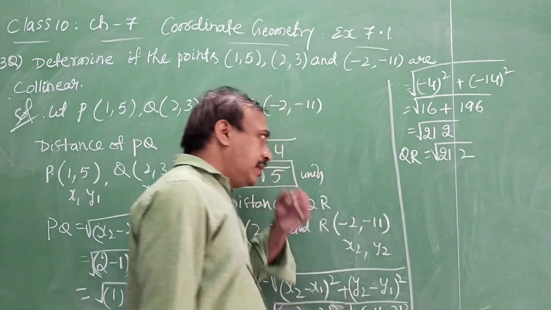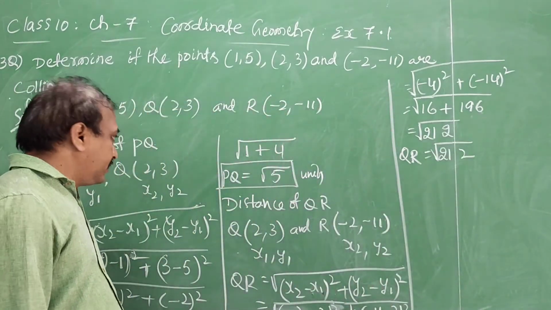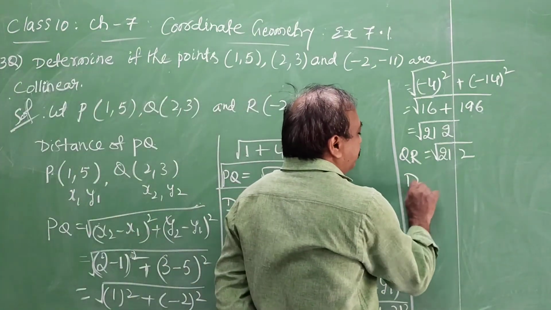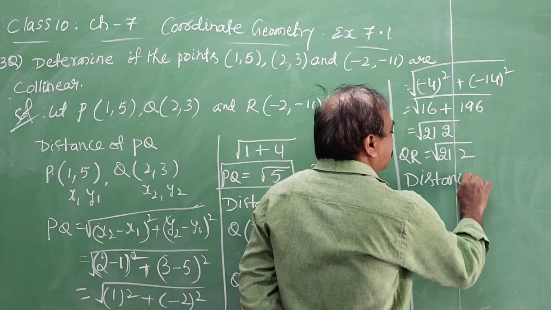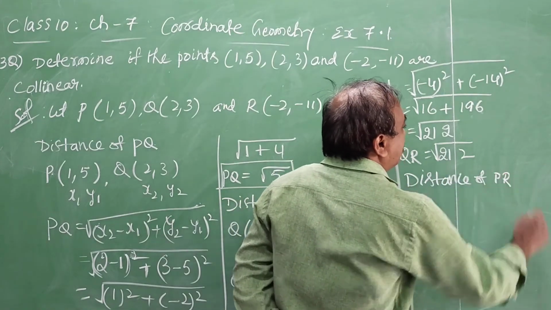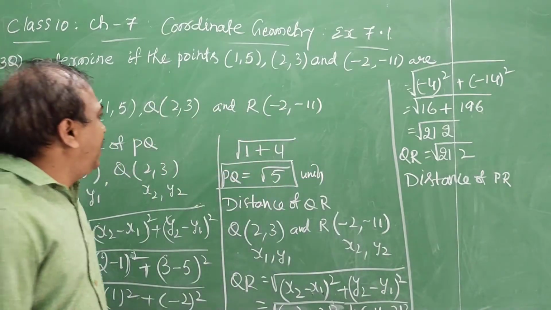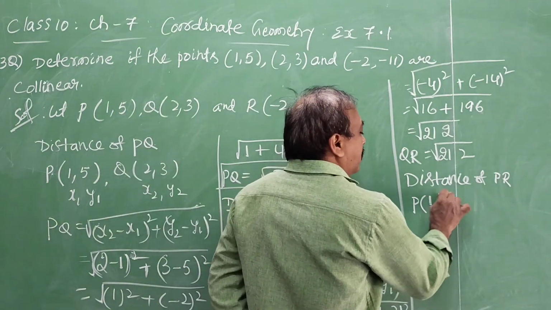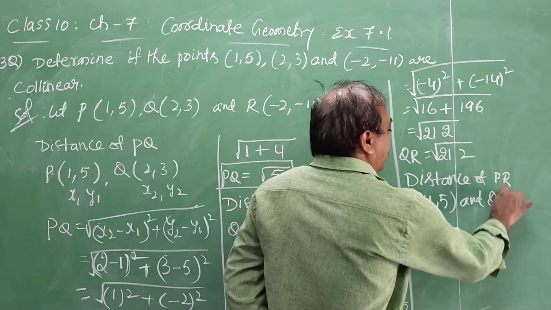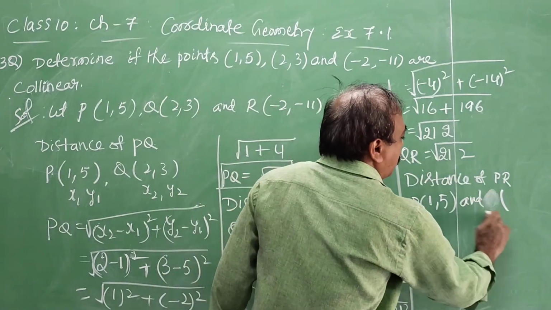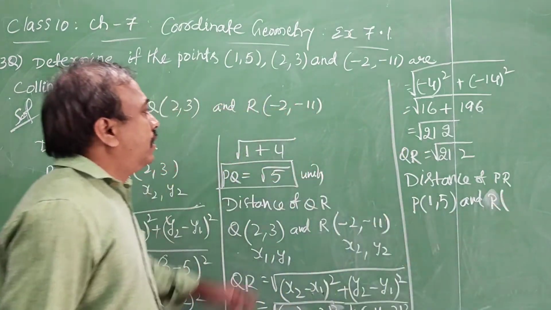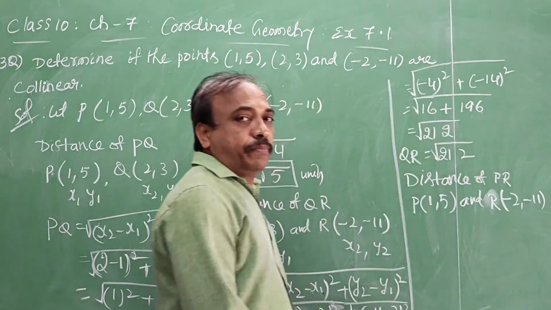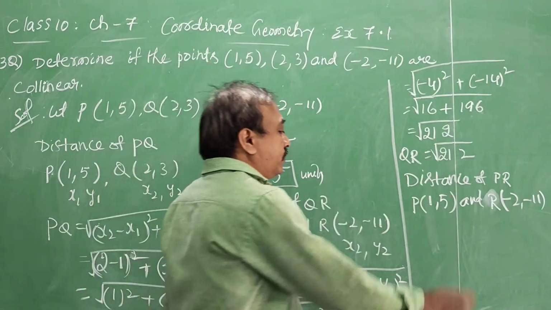QR is root 212. Next, you have to find the distance of PR. Observe it. Points P and R. P coordinates are (1, 5) and R coordinates are (-2, -11). So x1, y1, x2, y2.